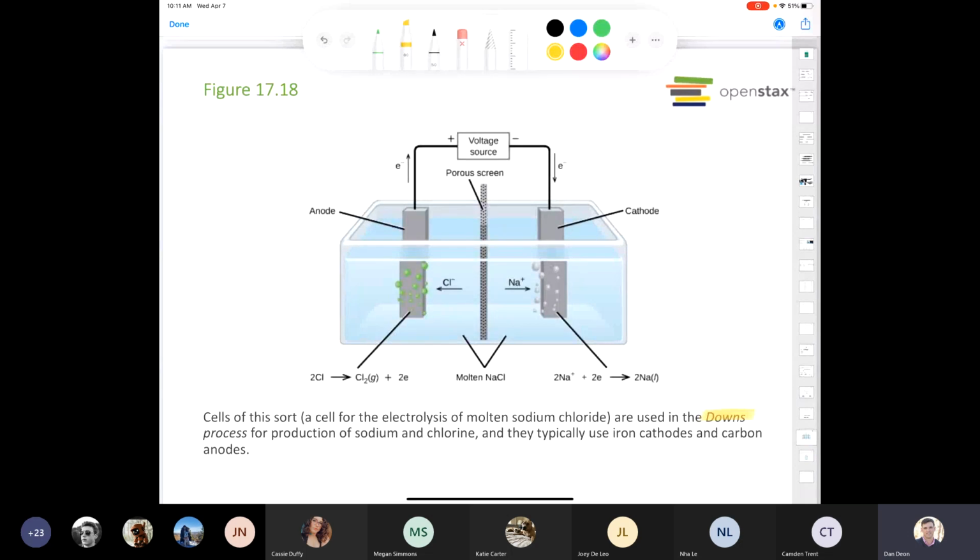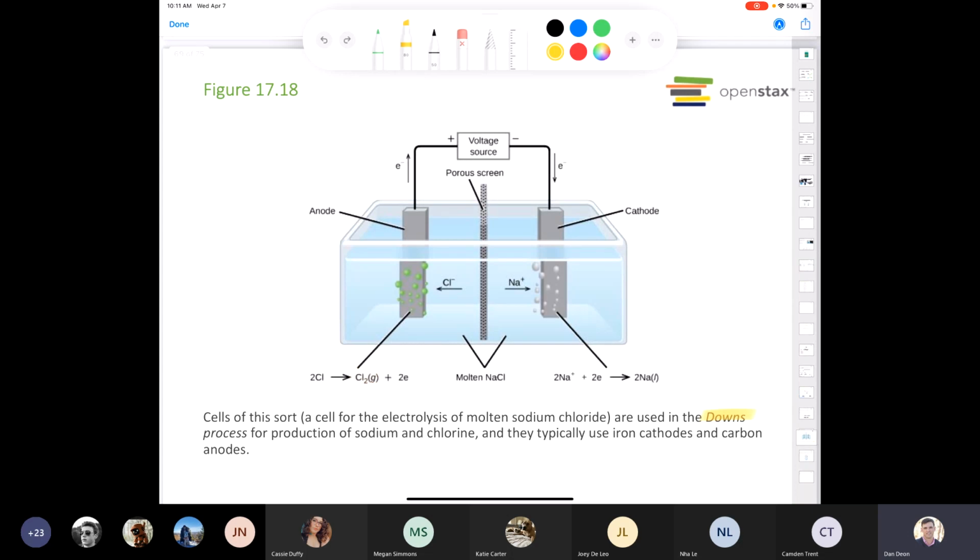And the way that it works is that since liquefied sodium, because that's what you produce at the cathode, is less dense than the liquefied sodium chloride, I think it floats up to the surface, or there's a way that they get it to flow out through pipes or something. And then for the chlorine gas, we can imagine, of course, since that's a gas, they have ways of harnessing the gas over the top of the reaction.